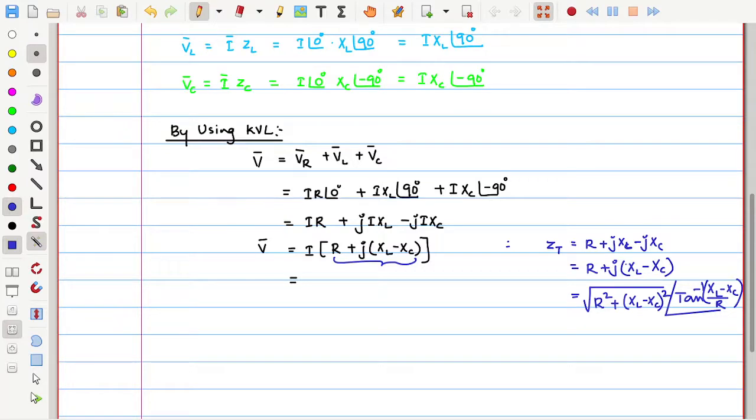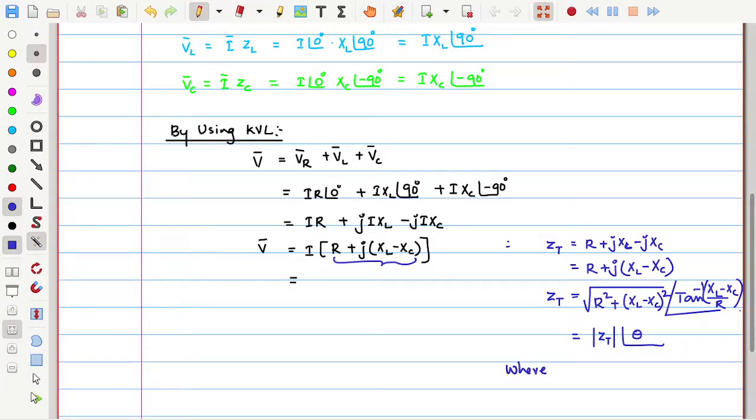If the imaginary part is negative, then we take the negative also. Now, instead of writing such a big expression every time, I will say that this is the magnitude of ZT. Magnitude of ZT I will represent as mod ZT. The angle I will represent as theta.